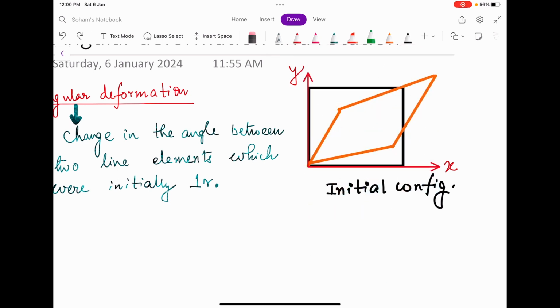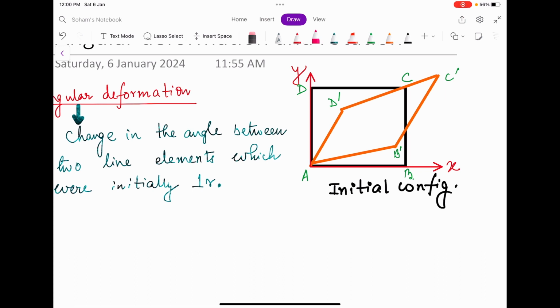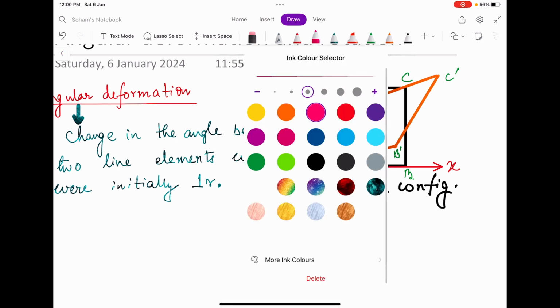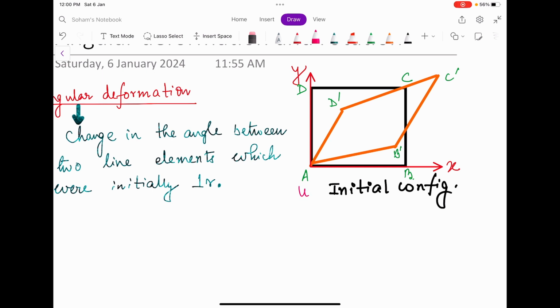So this is a, this is b, this is c, this is d, and the modified one is b dash, c dash, d dash. At point a the velocity is defined by u, the x component of velocity u, and the y component of velocity is v.